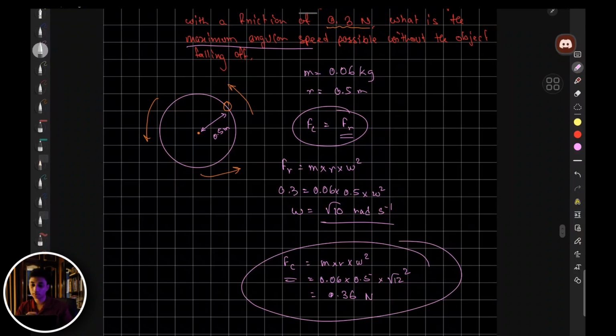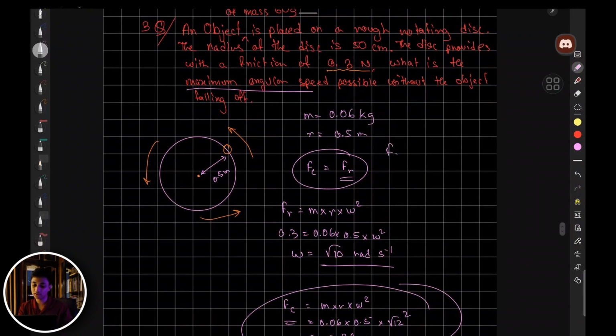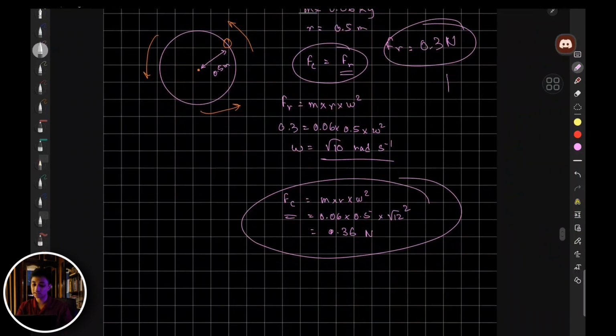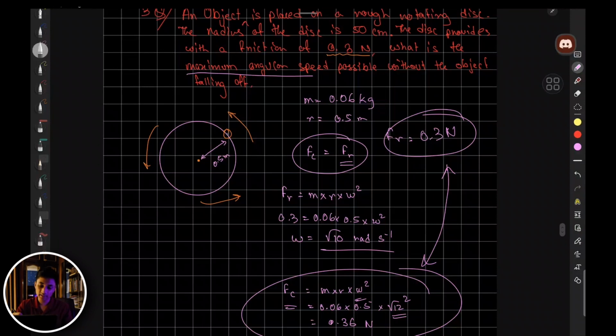Now you know that the friction is only 0.3 newtons. So these values are not the same. The centripetal force is greater than the friction, which is why at this new angular speed, this object would slide off.